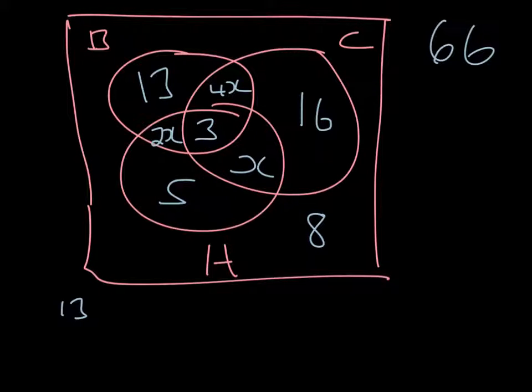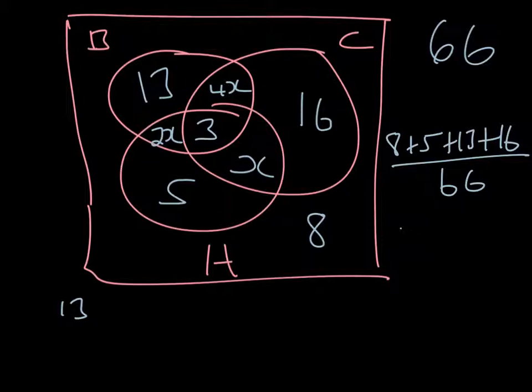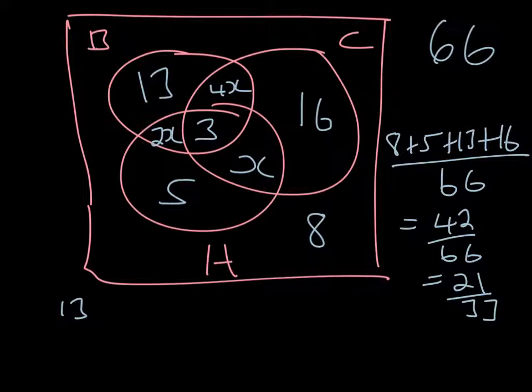So for this one, we need to add together all those possibilities: 8 plus 5 plus 13 plus 16, and divide that by the total, which is going to be 66. So that's going to be 42 over 66, which will simplify to 21 over 33.